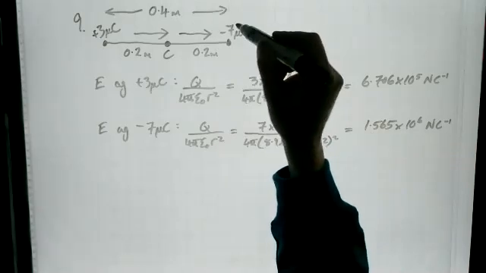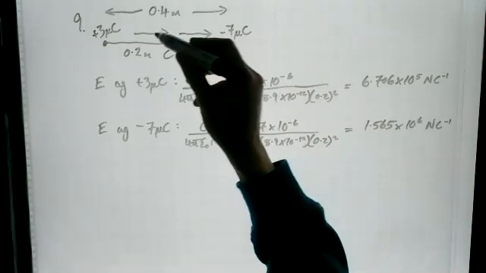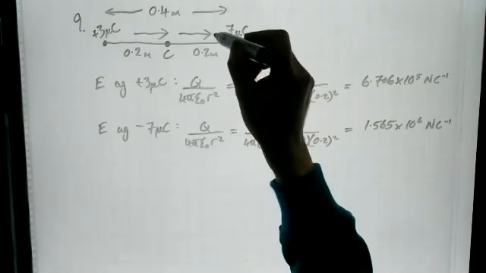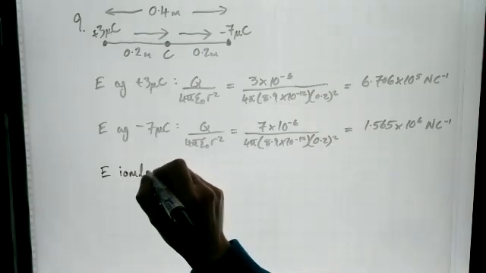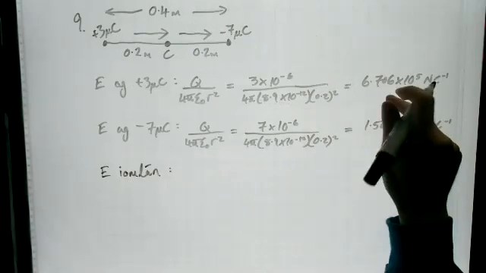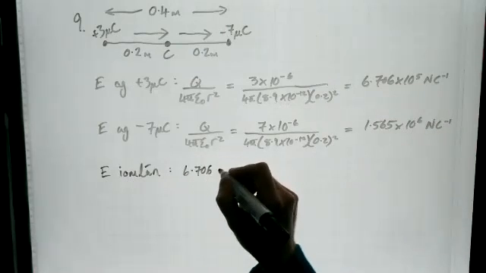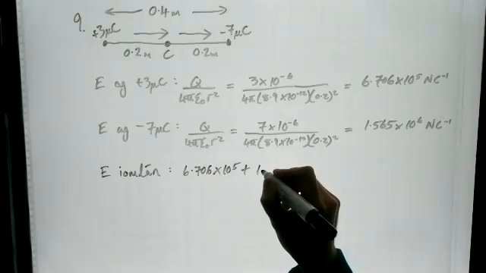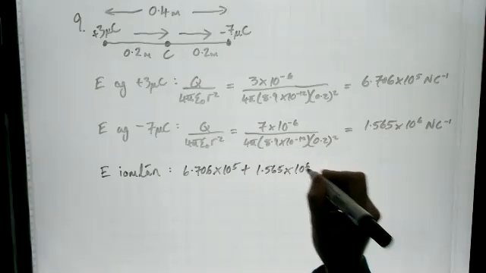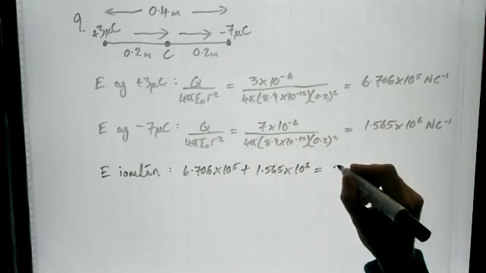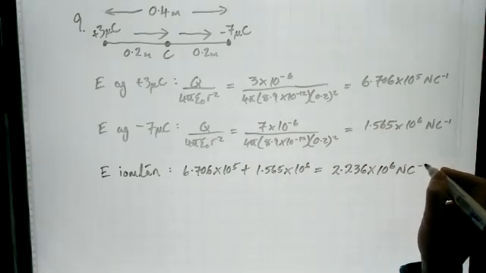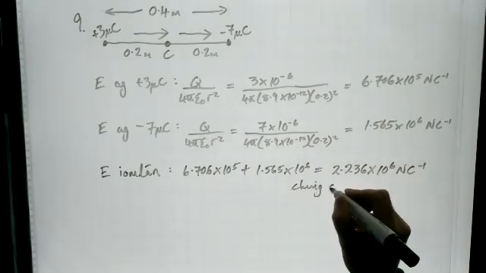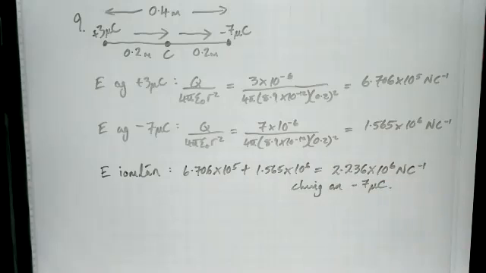The field from the positive charge points away from it and the field from the negative charge points towards it, so both point in the same direction and the fields add. 6.706 by 10 to the power of 5 plus 1.565 by 10 to the power of 6 gives 2.236 by 10 to the power of 6 newtons per coulomb, directed towards the -7 microcoulomb charge.